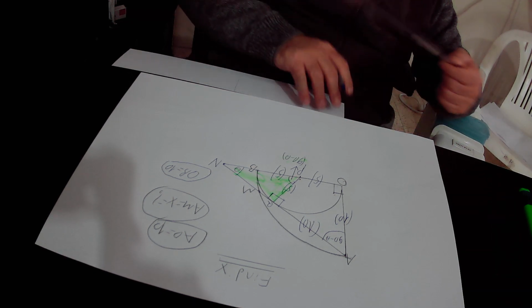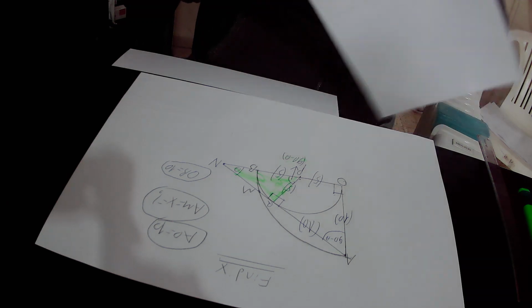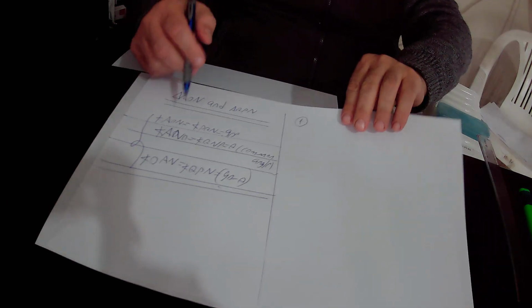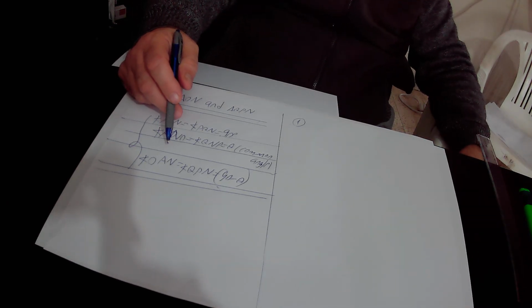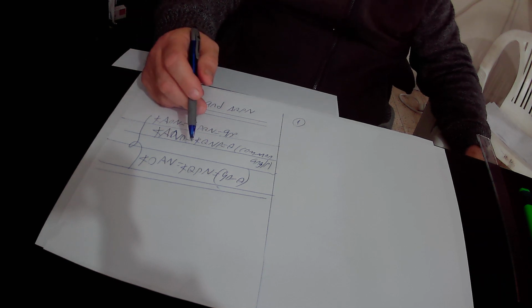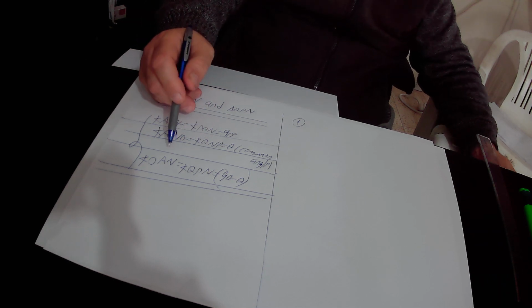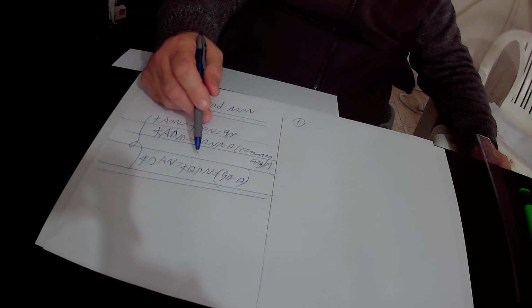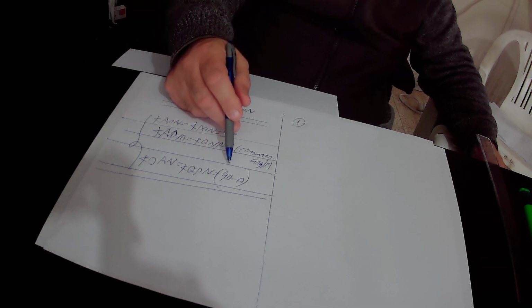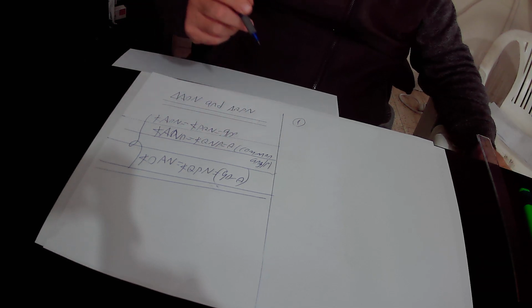Repeat again. Angle OAN in the big triangle equals angle QPN in the small green triangle. They are both equal to 90 degrees minus theta, therefore they are equal to each other.